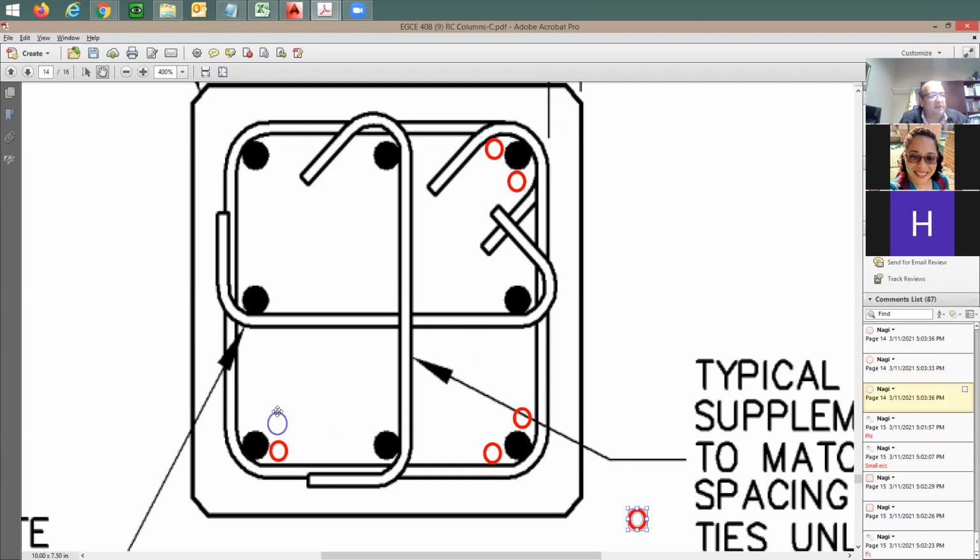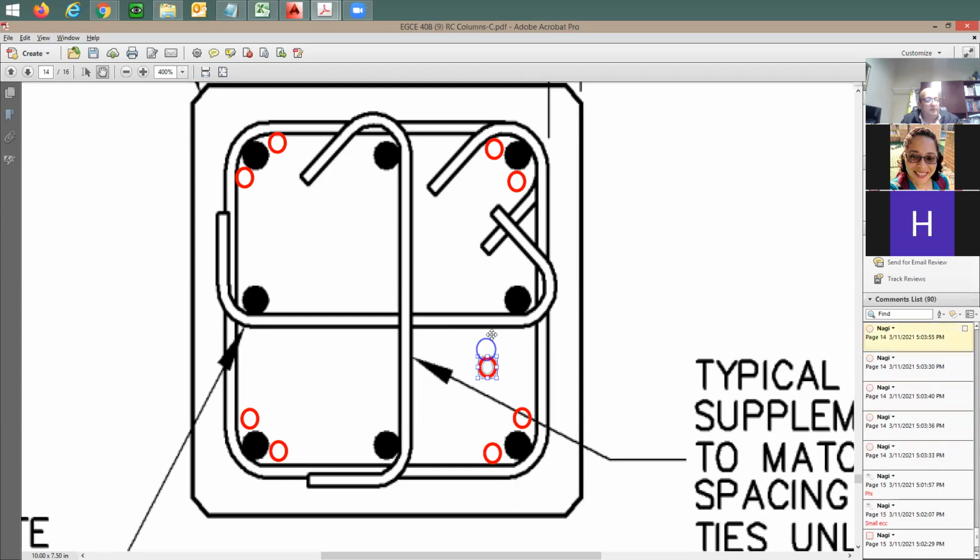How many rebars do you guys have now? 16. Can I add more? How can I add more rebars? Can I do this? Just bundle these rebars.